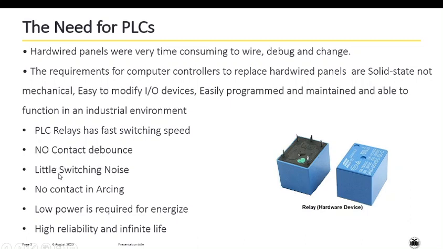There is little switching noise, no contact arcing, and low power is required to energize a PLC relay. However, here the power requirement could be more. It is highly reliable and has infinite life. That's why these PLC relays have certain advantages over these mechanical relays.